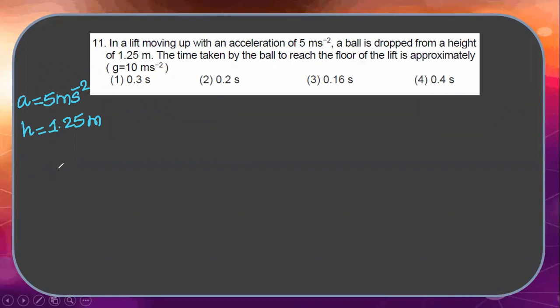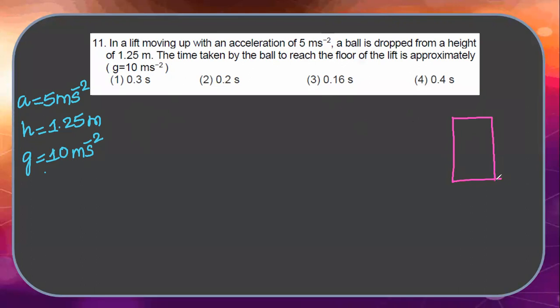The time taken by a body to cover a height h, with acceleration due to gravity g given as 10 meters per second square, is the square root of 2h by g. But as the lift is moving with an acceleration, we have to write a different form; the acceleration also has to be added.